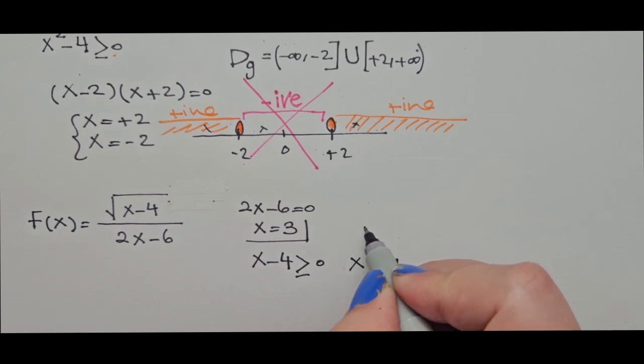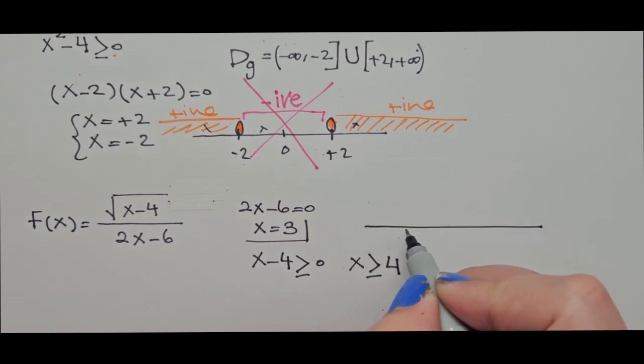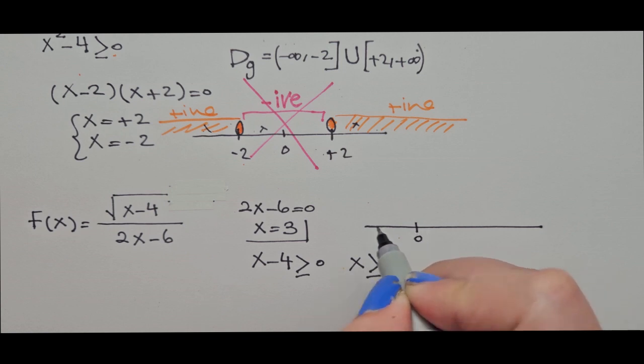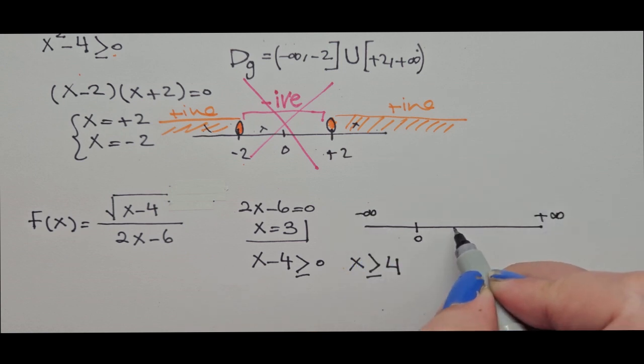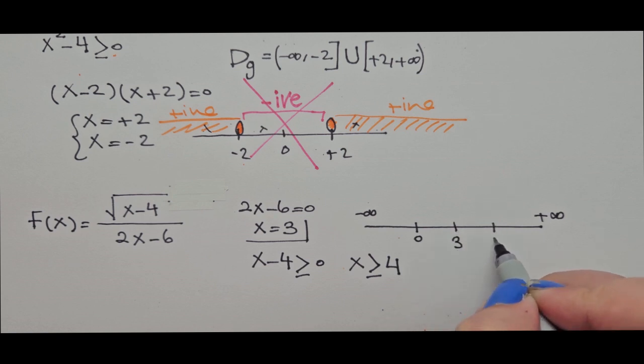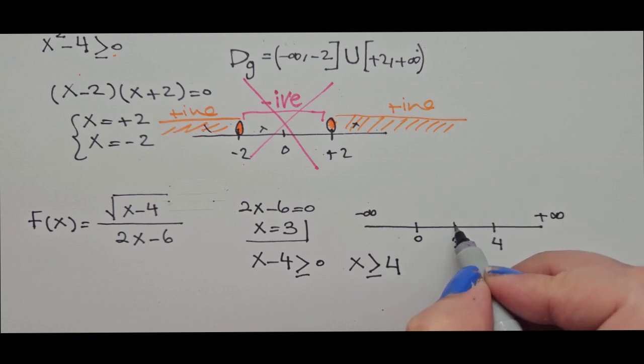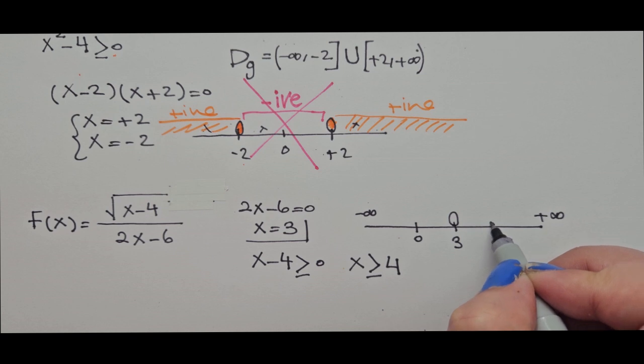Okay, so if I want to do the graphical representation, I have 0, negative infinity, plus infinity, then I have 3 and 4. So 3 is not included, but 4 is included.